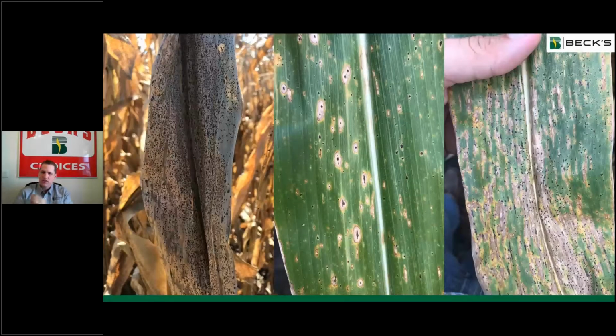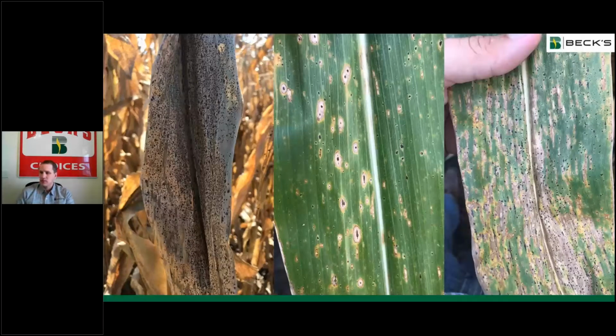The middle picture is that fisheye lesion that I brought up earlier. So this picture gives you that fisheye look, how you can see the necrotic lesions around the black stromata there. I did send this off to the lab, and it was identified as only Phyllachora maydis, so just one strain there. We did see significant yield loss in this field as well as the disease progressed.